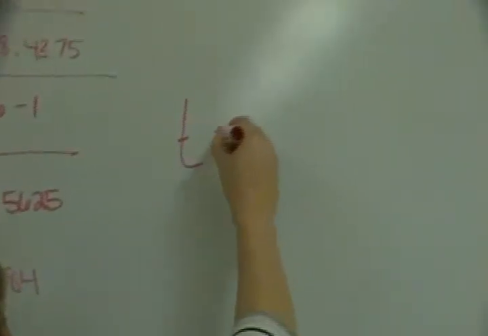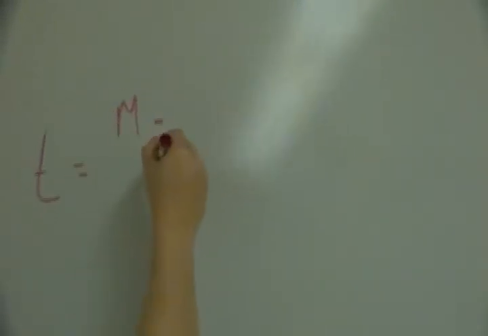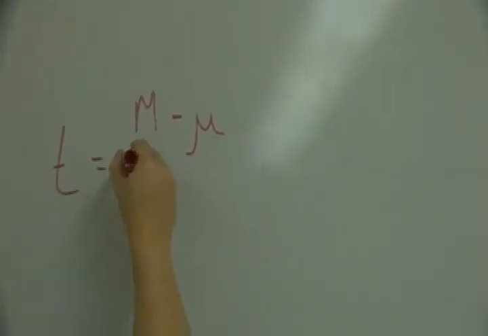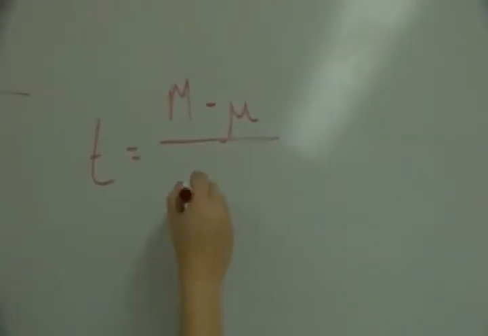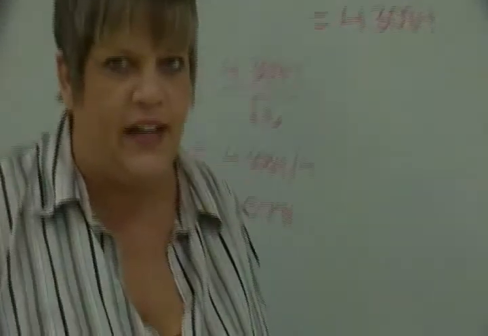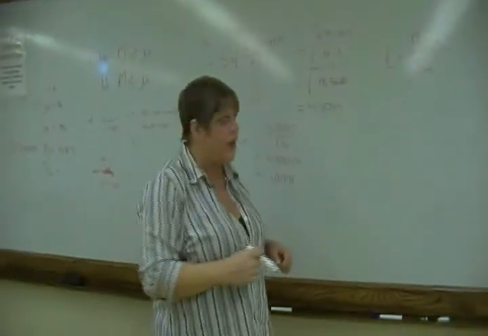So a t-test for a single sample is equal to the mean for the sample minus the mean for the population divided by the unbiased estimate of the standard error of the mean, which is what we just calculated in those two steps, okay?